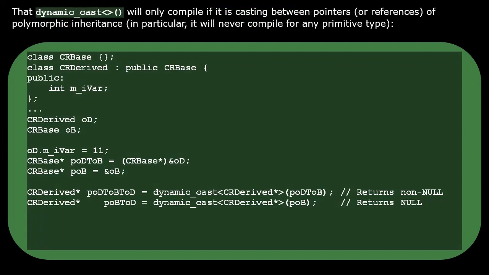But one catch of using dynamic cast is that it will only compile if it is casting between pointers or references of polymorphic inheritance. In particular, it will never compile for any primitive type.